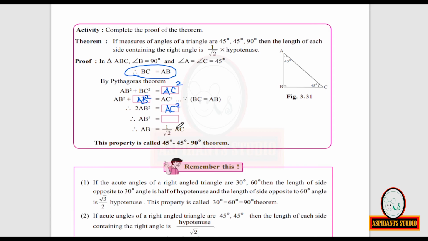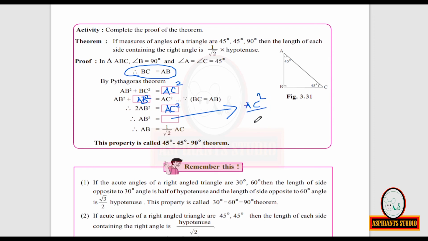Now taking 2 to the other side of the equal to sign, see here it is 2 multiplied by AB square in this side. So if we take 2 to the other side of the equal to sign, it becomes division, AC square divided by 2. So AB square is equal to AC square upon 2.